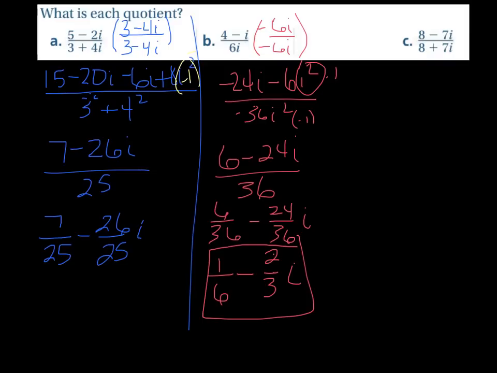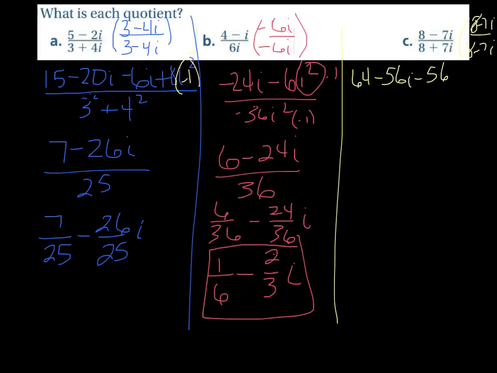In part C, the last one, we'd have to multiply by 8 minus 7i in both cases. Okay. So in the numerator, I'm going to have 64 minus 56i minus 56i and plus 49i squared divided by a squared plus b squared.